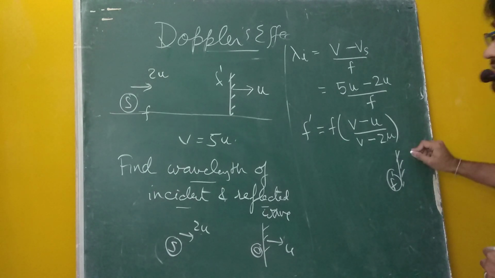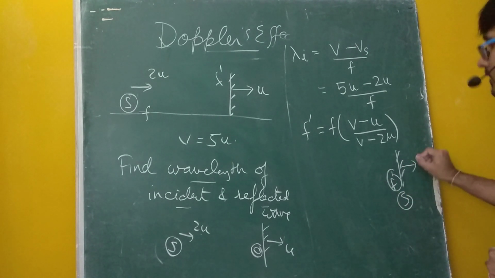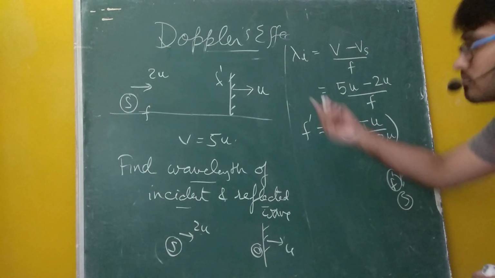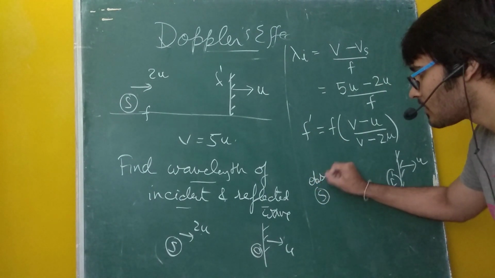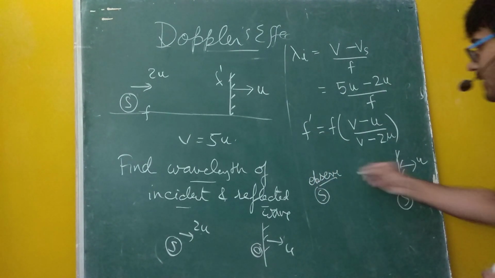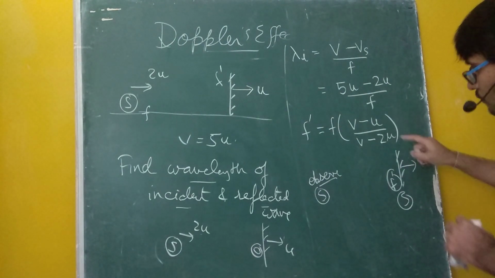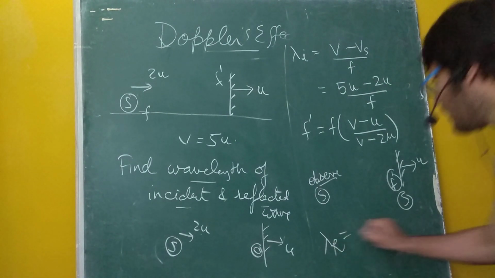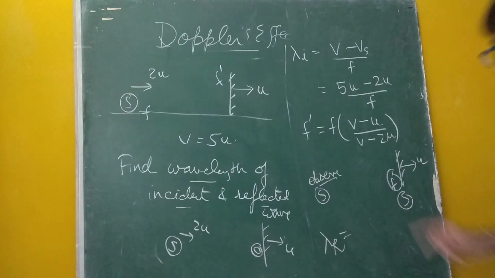And this wall is reflecting the frequency, so this wall will become the source now, which is moving with velocity u. Okay, and it is traveling leftward, so you may say that this source, now it becomes the observer. Which was the source, now it will become the observer. Anyways, its velocity will not matter. So what will be this lambda? Let's call it lambda of reflected wave. Source velocity, you can see that it is moving away from the signal.